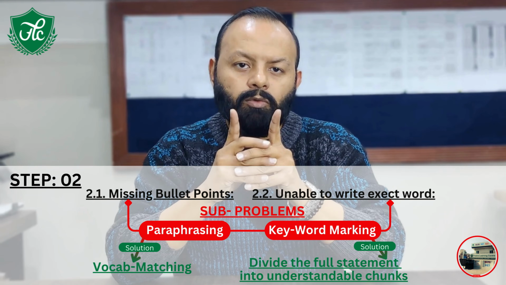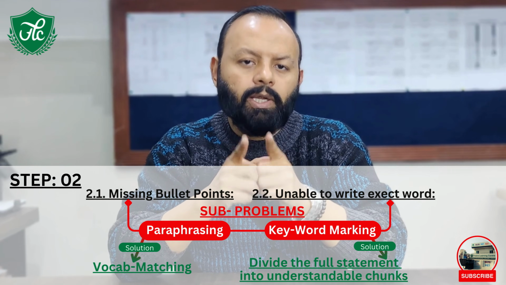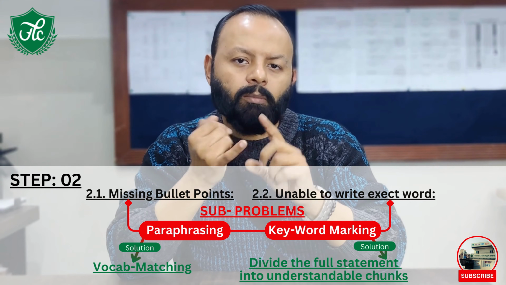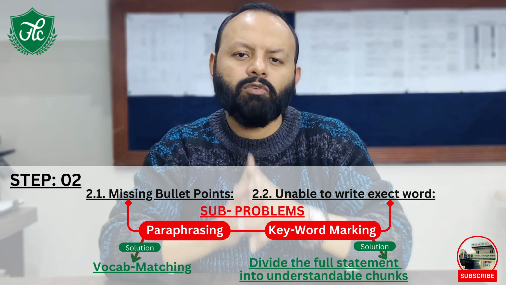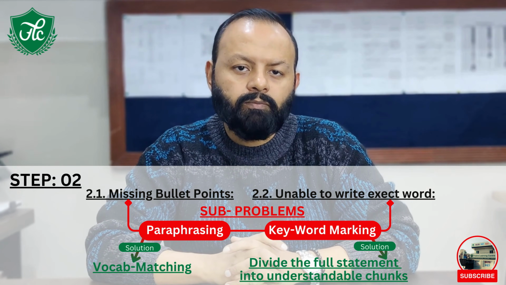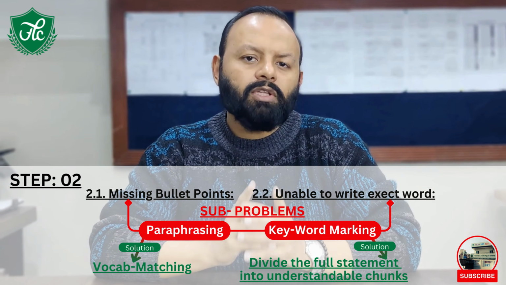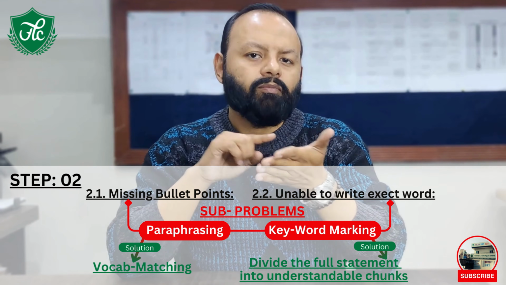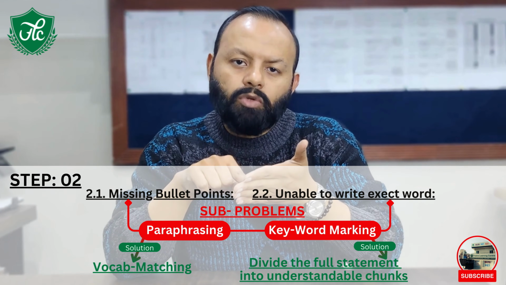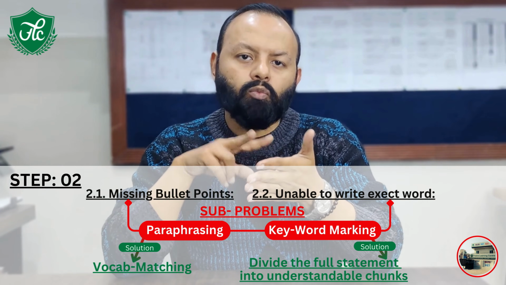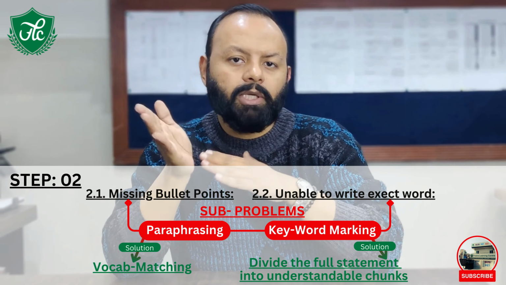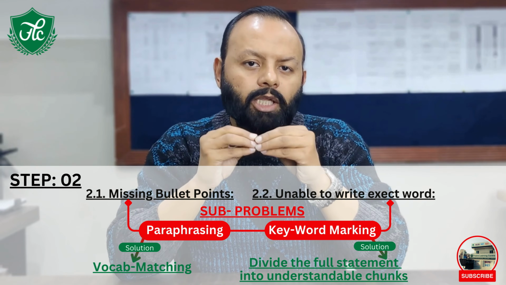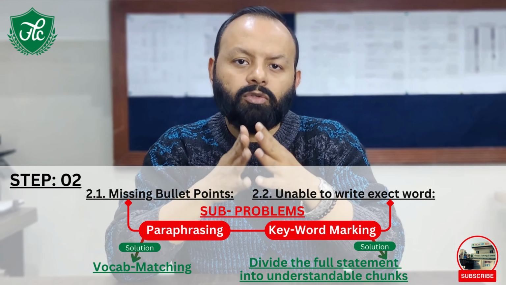So the problem was you are getting lost in the tape, and there were two sub problems, paraphrasing and keyword, and I've given you the techniques and the solution for that. Now, there is another sub problem of the same one. When you are listening to a bullet, sometimes you know at which bullet the speaker is at the moment, but you're unable to identify the answer word.